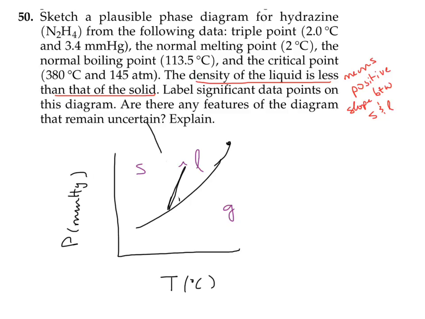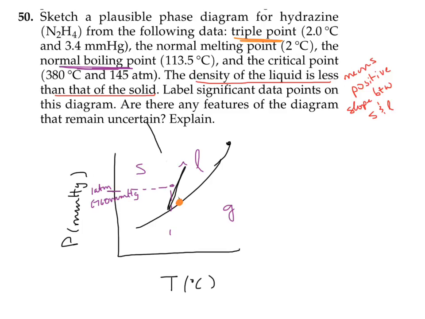And then it goes on to give you some more information. It gives you the normal boiling point temperature. And of course, on your diagram, on the pressure axis, you need to draw 1 atmosphere or 760 millimeters of mercury, whichever you want. And then go over here and draw in the boiling point, which would be right here. I drew it wrong.